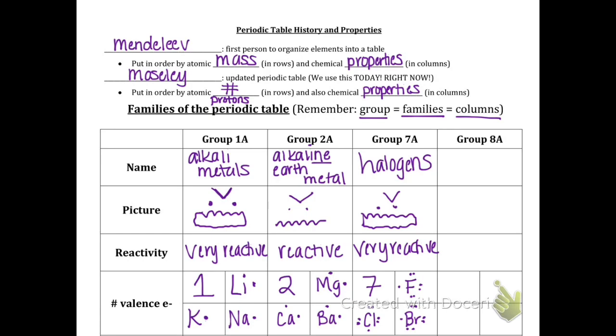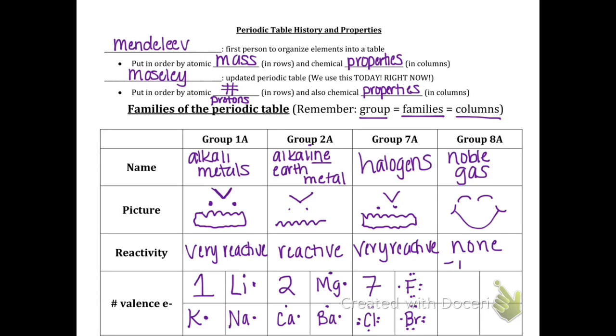The last family we're going to learn are called the noble gases. They are super happy, super stable. They have no reactivity.